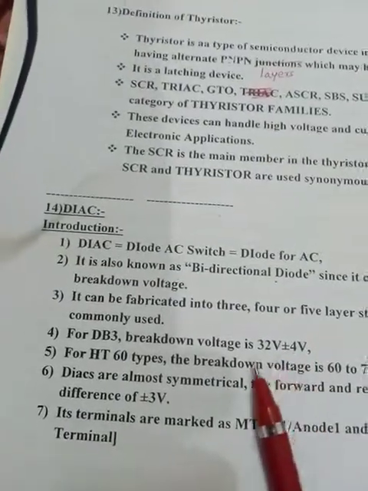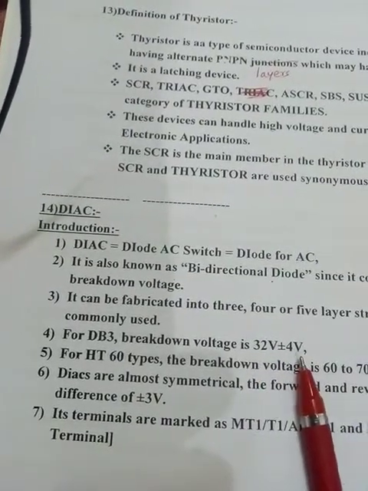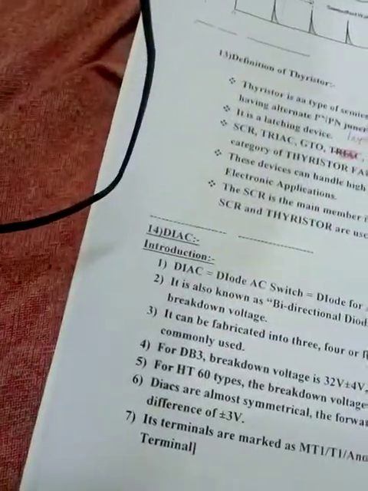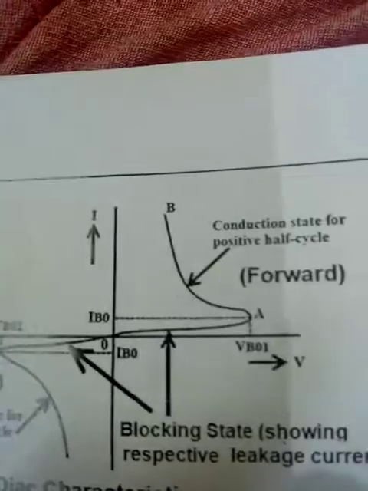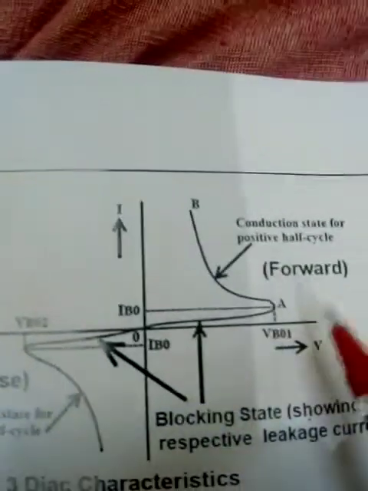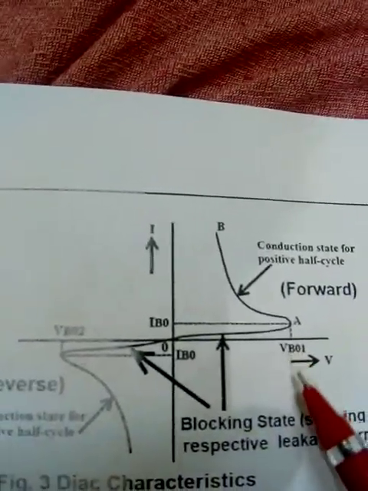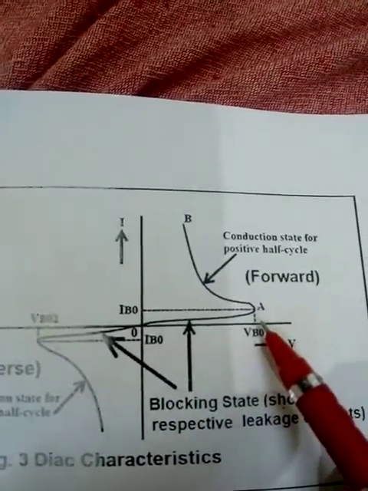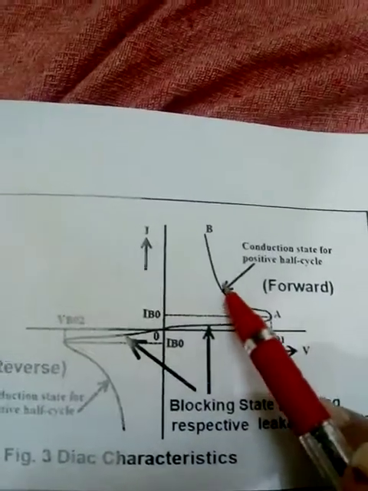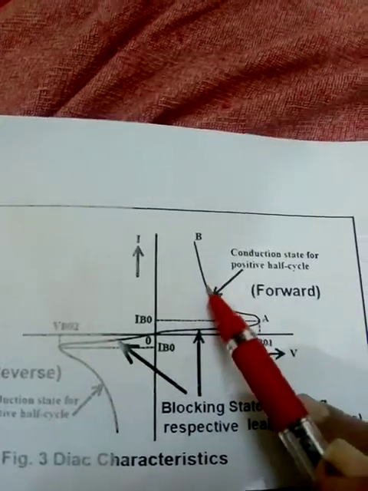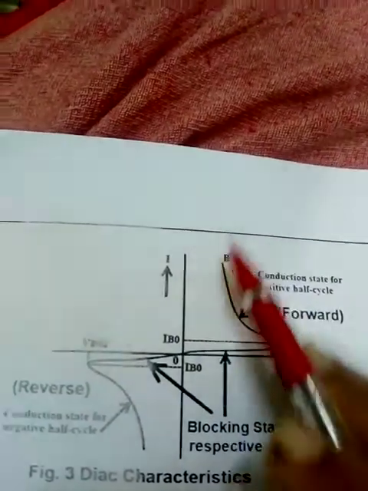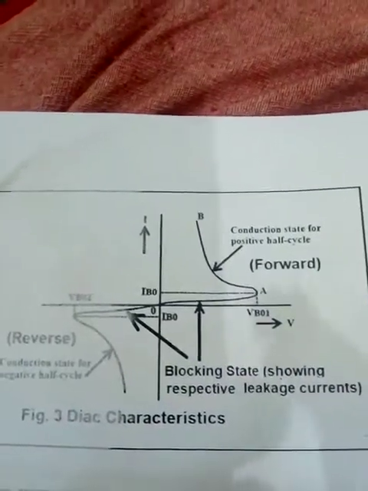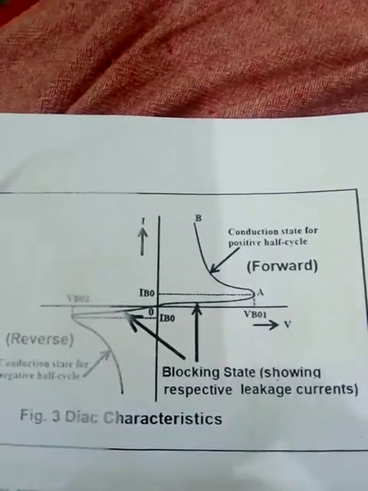Once it conducts, the voltage across it falls. For the DB3 version, if this is around 32 volts, once it conducts it will come down to around 20 to 23 volts, not 0.7 volt as in the case of a single diode.